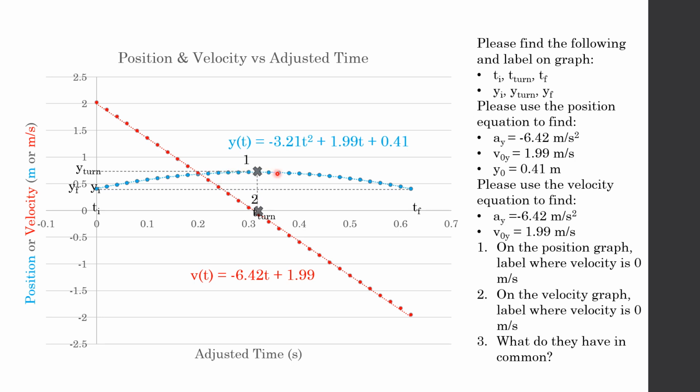If I had a data table, I would look at the largest position number, because that's going to have the biggest displacement from my origin. That's how we define where that turnaround position is, right? Because over here on the left-hand side of the graph, we are moving in one direction, and then at this turnaround point is where we change directions and start moving back in the other direction from whence we came.